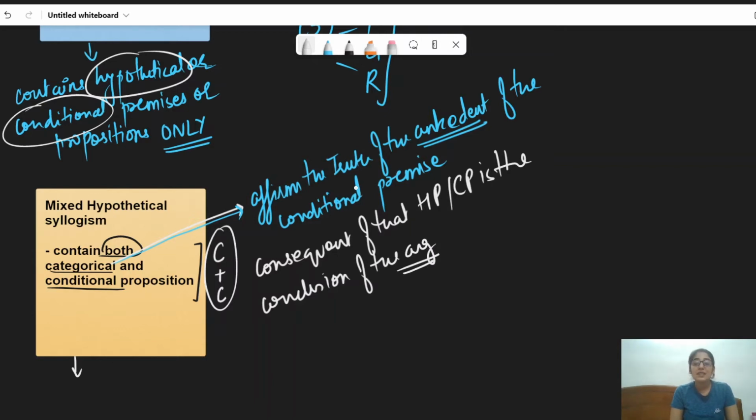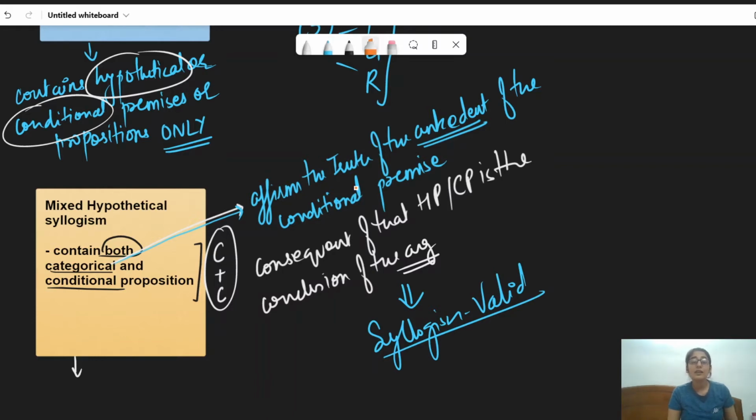If both these requirements are there, we simply deduce that the syllogism is valid in nature.